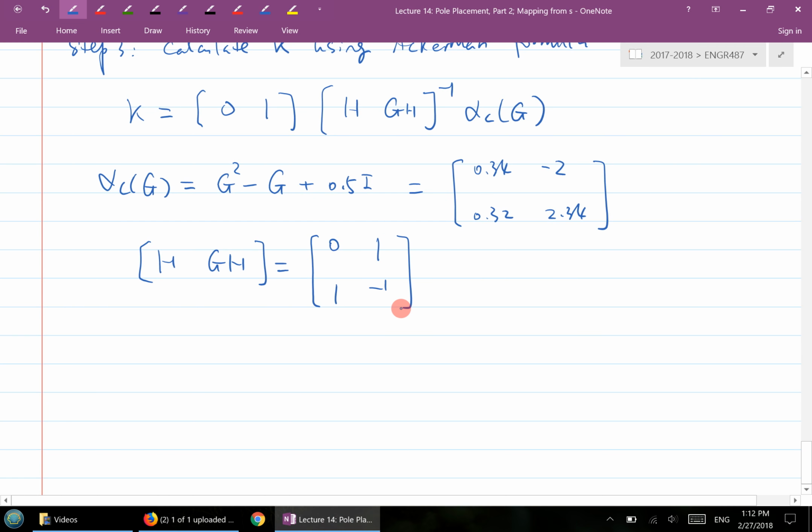So now you're putting things together: inverse this matrix times alpha C of G and then times 0, 1, and you'll get your K matrix if you calculate carefully. 0.34, negative 2.